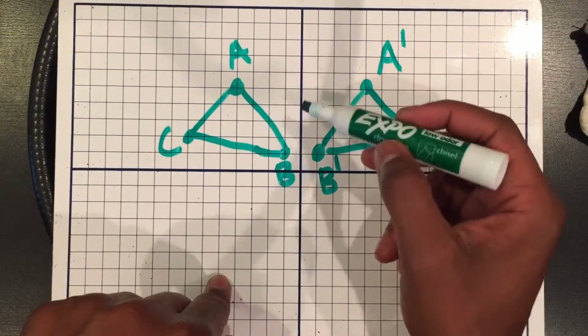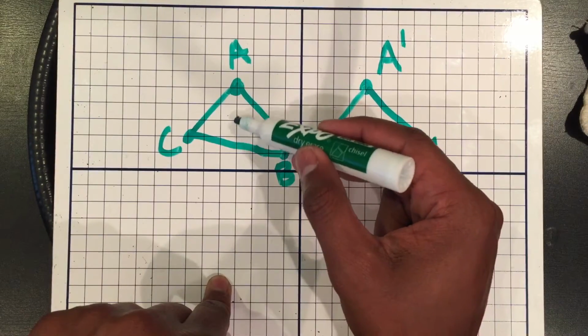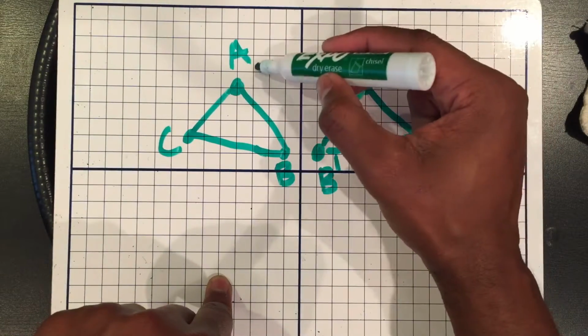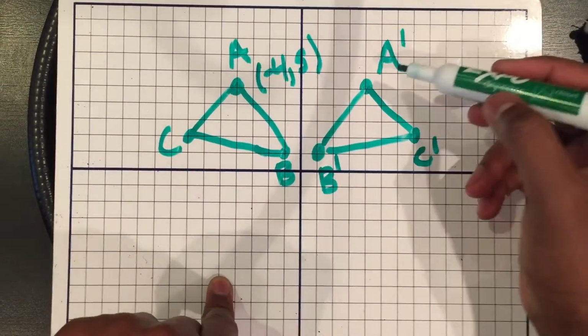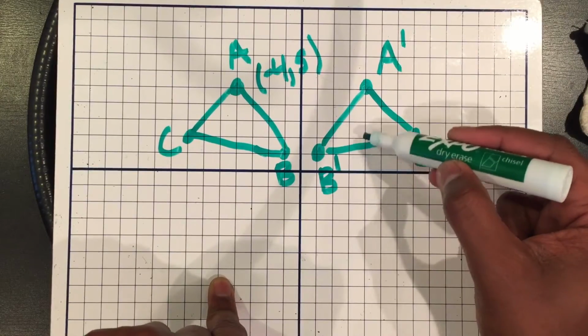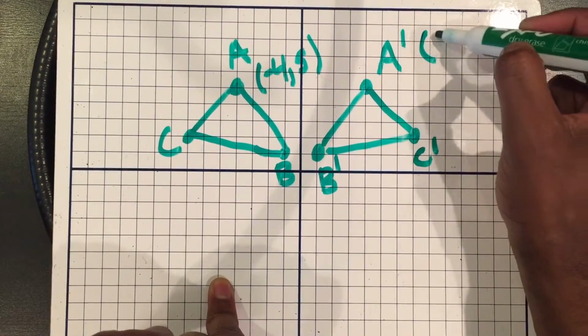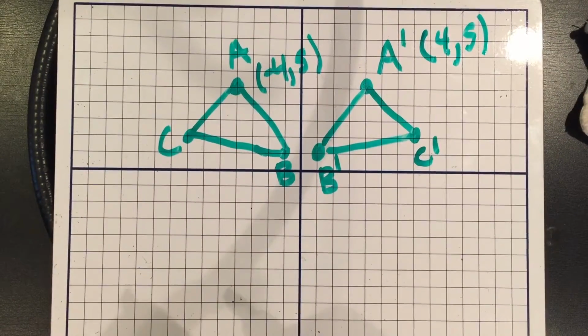So the coordinate for A is 1, 2, 3, 4, 1, 2, 3, 4, 5. So that coordinate is -4, +5. When we look at A prime, this coordinate is +4, +5.